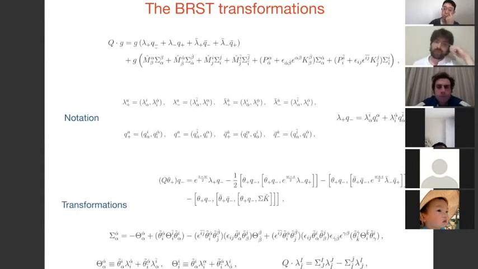And then there is a compensating gauge transformation, right? So there are basically two ways of dealing with this. We can impose, as you see, that the BRST operator is nilpotent up to gauge transformation or not. So there is this compensating gauge transformation here, because when you fix a coset, you are fixing some gauge, right?